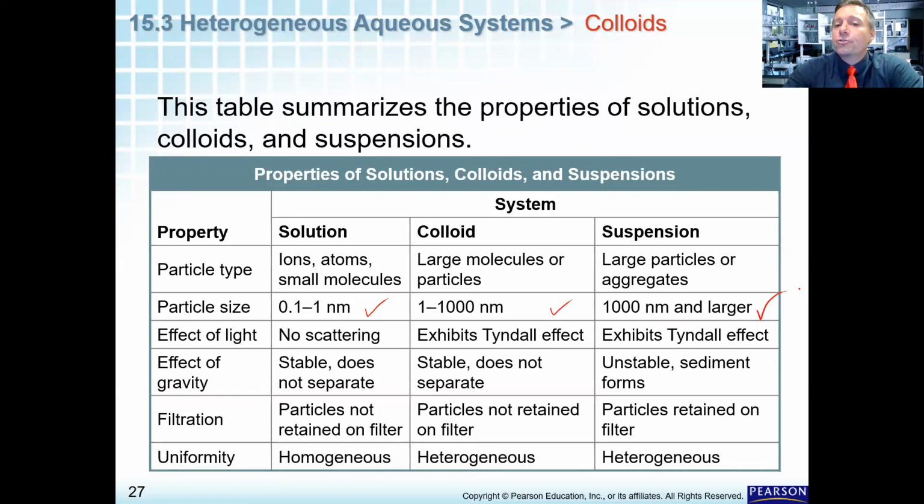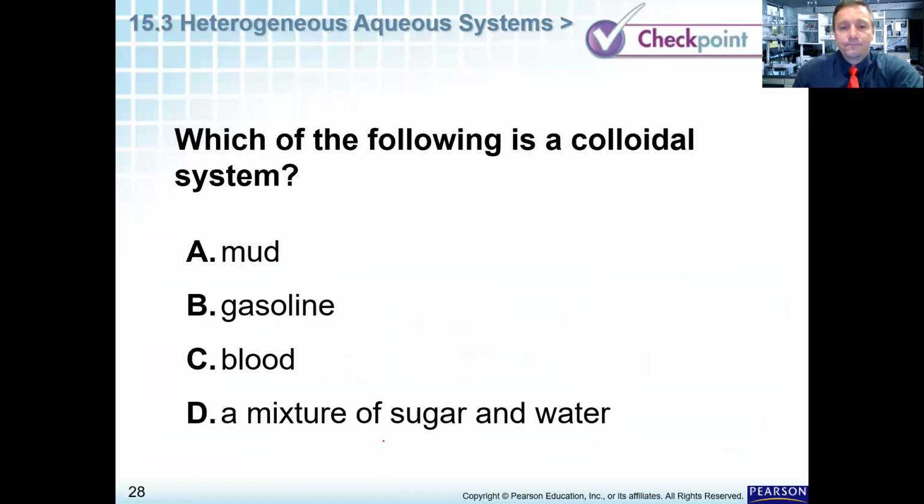Filtration, you can filter a suspension, but you cannot filter a solution or a colloid. Remember, they're too small, they actually go through the filter. And these are both called heterogeneous because you can distinctly see 2 or more phases. And then a homogeneous, which is a solution, is said to be 1 phase.